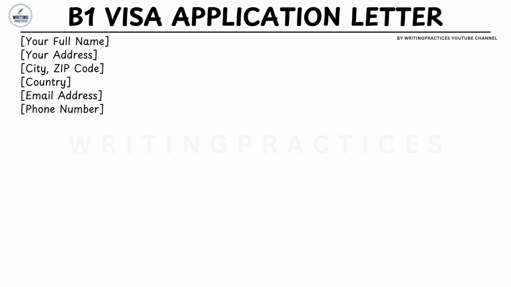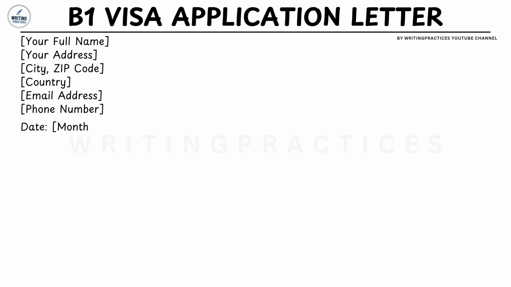For example, the letter should start like this: John Doe, 123 Business Street, London, UK 10001, johndoe@email.com, plus 44 27 946 0123. Providing these details ensures that your letter looks professional and that the embassy has all your contact information in case they need to reach you for further clarification.